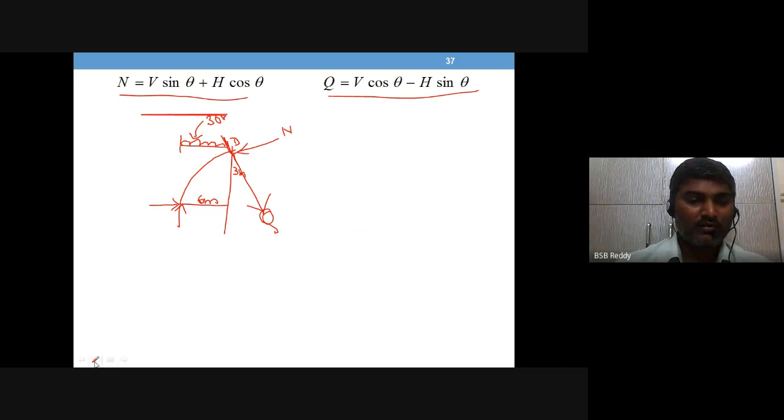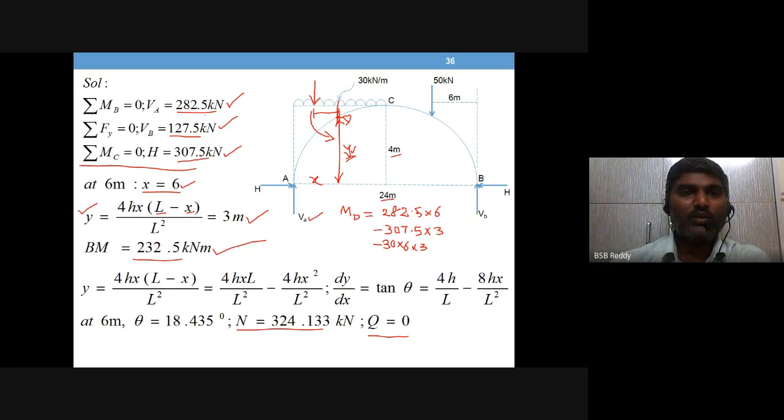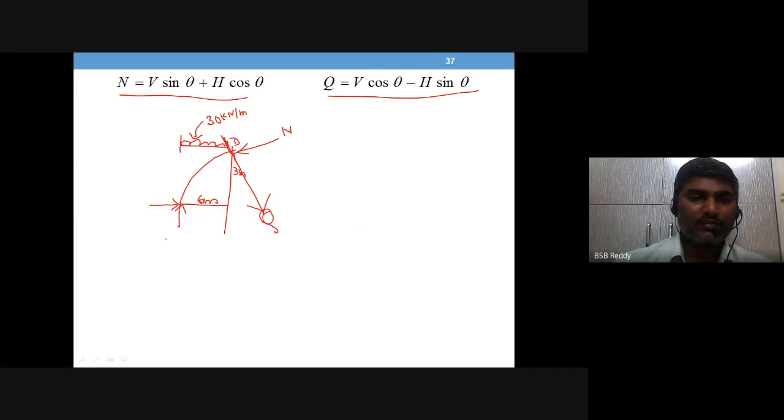Let me erase that extra portion. Right, 30 kilonewton per meter. So this is what you have, and what is the VA value? 282.5. Write it here.